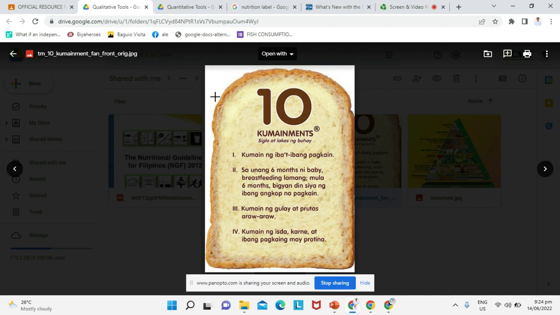Because these 10 commandments are also posted in public places like wet markets, especially diha sa Valencia. The National Nutrition Council is in charge of making sure that these 10 commandments are posted in conspicuous places, para makitaan sa mga tao.